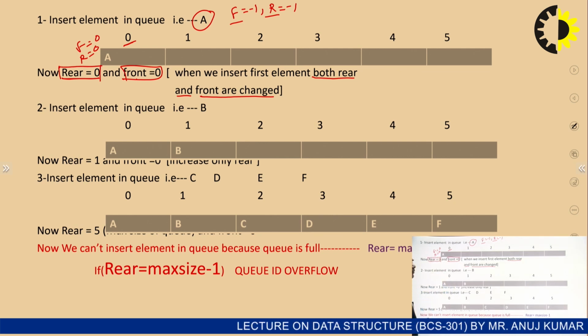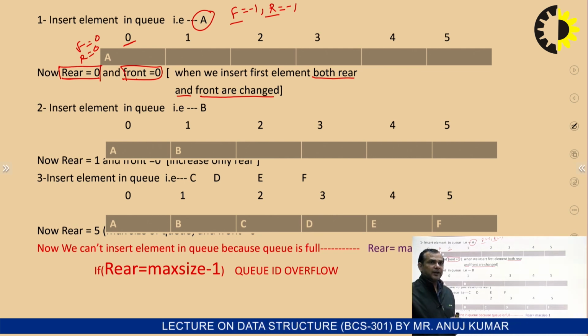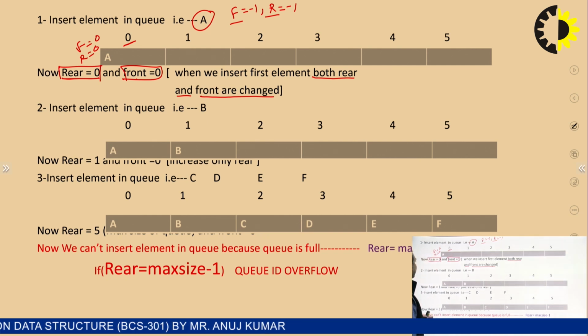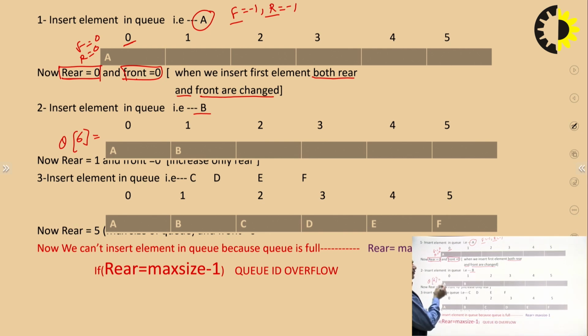Again I repeat, when we have to insert the first element, we have to increase the value of front and the value of rear. Now the second condition, now we have to insert the element B. In the queue, that is a queue of size 6, it has already one element. Now here front equal to 0 and rear equal to 0.